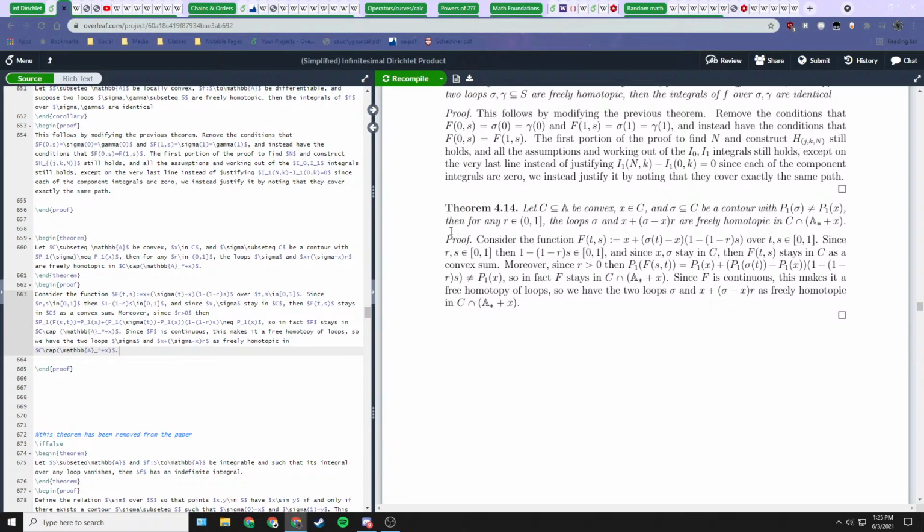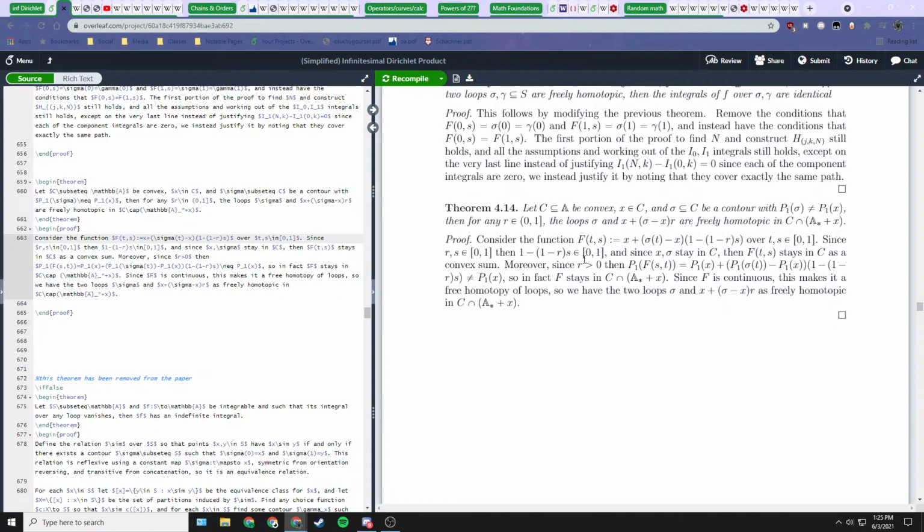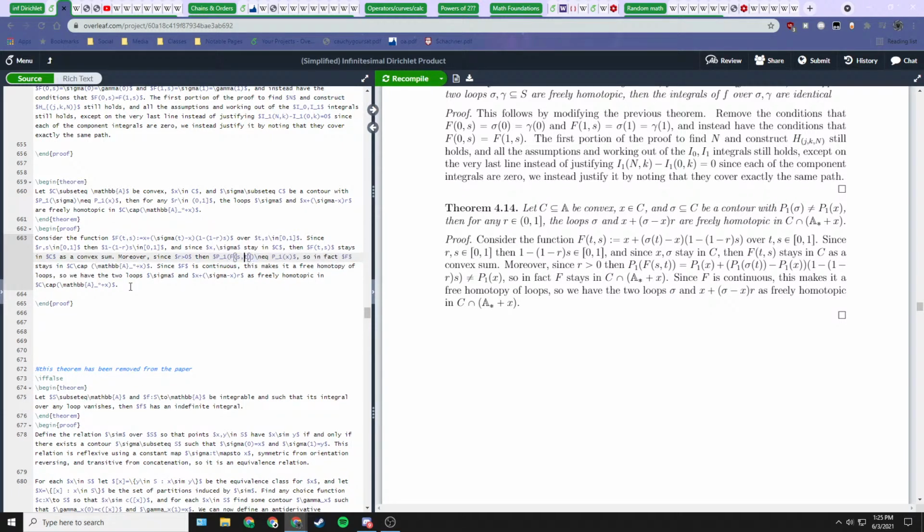So we have this function, we're using this, f stays in C as a convex sum. So r is greater than 0, then this. We can actually just say r is greater than 0, and p1 of f blah blah is not equal.